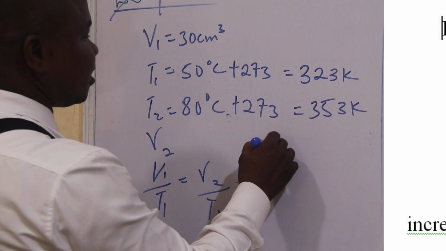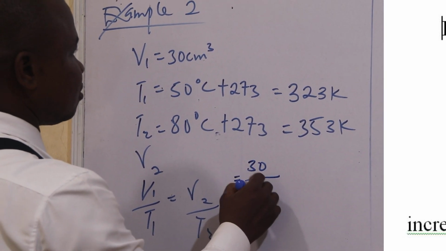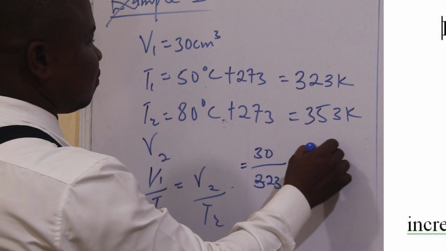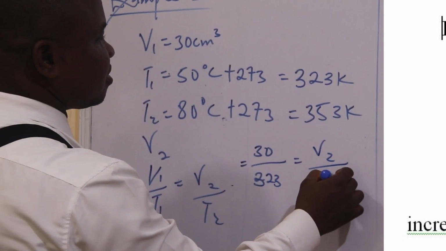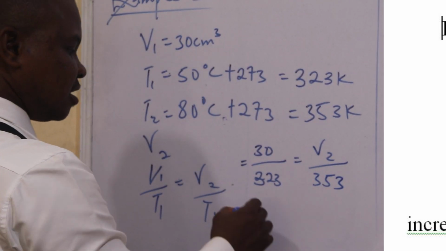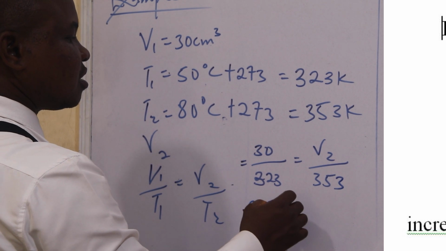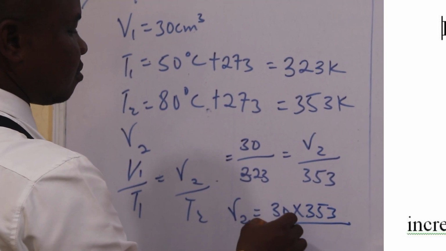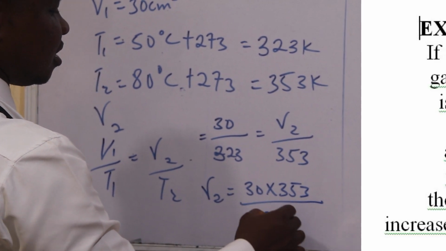V1, we have what? 30 over 323 equals V2 over 353. Alright, our V2 will be what? 30 times 353 divided by 323.